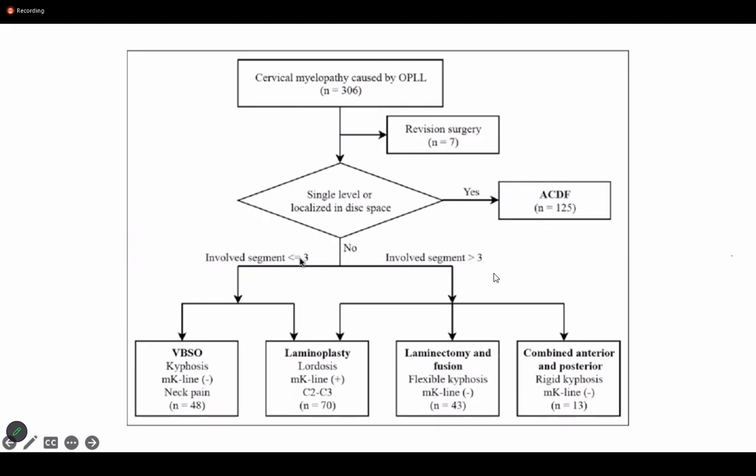If not, depending on whether the involved segments are more or less than 3, we can choose which approach. Here is the anterior approach. Here is laminoplasty, which means a posterior approach with K-line positive prognosis, or laminectomy and fusion with flexible kyphosis, or combined anterior and posterior.